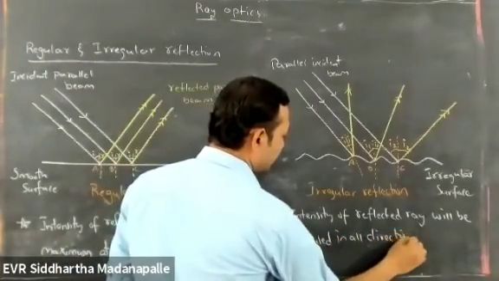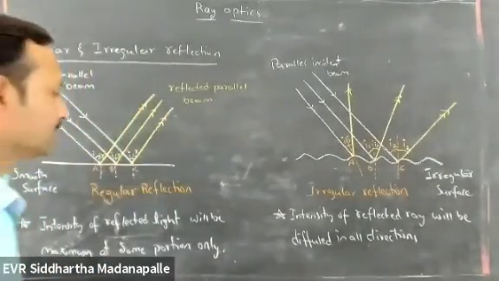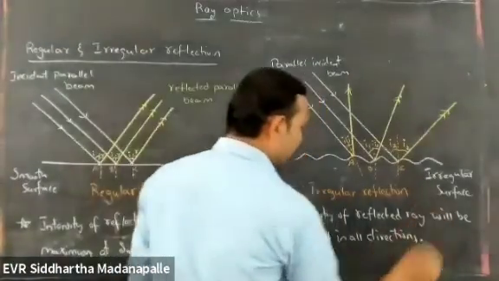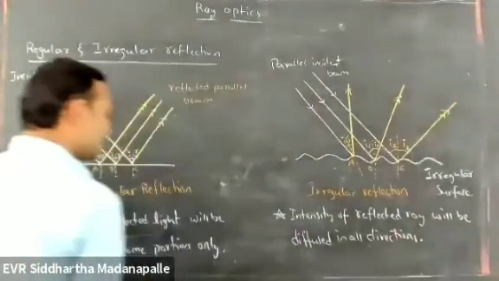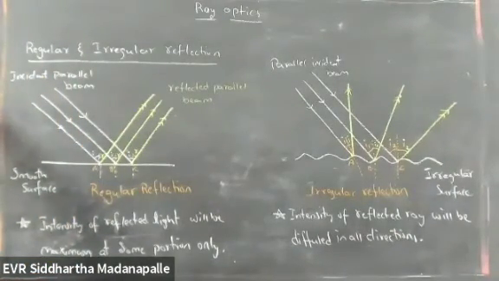Whereas in regular reflection, the intensity will be maximum at some portion. Now, due to regular reflection, we cannot see the object directly.